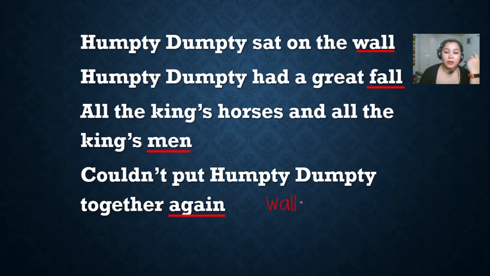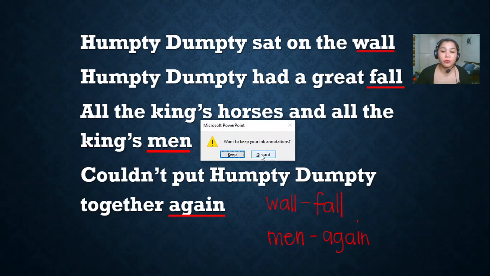Wall rhymes with fall. And then men rhymes with again. Okay, even if they are spelled differently, they sound the same at the end. So men, again. The other one is wall, fall. So that's what you have to do with this one.